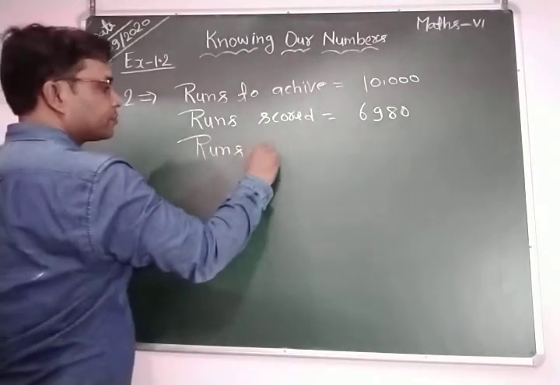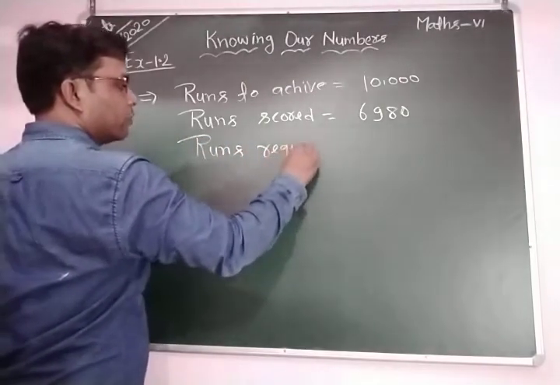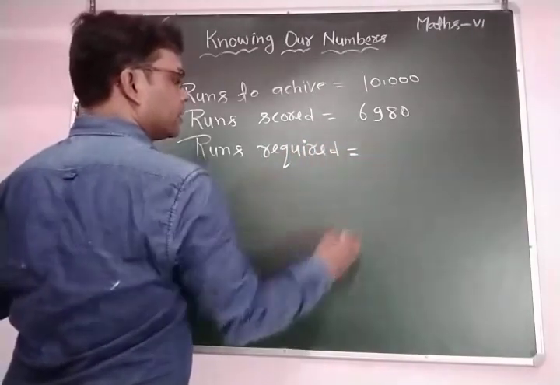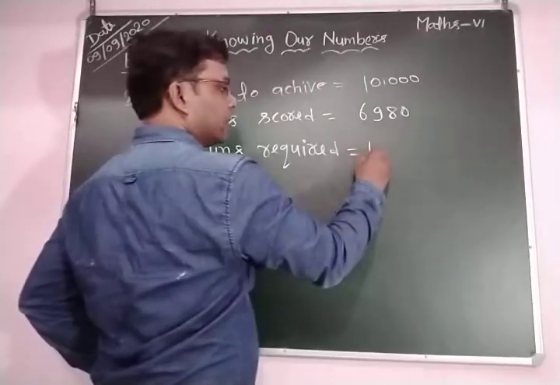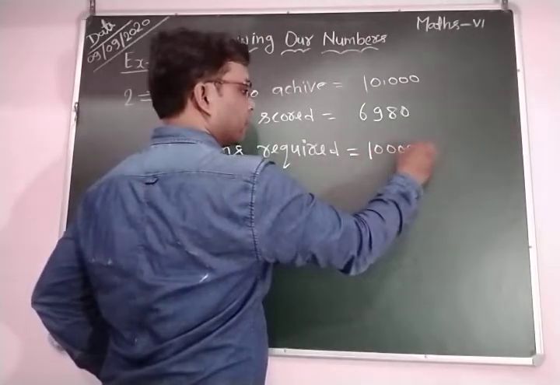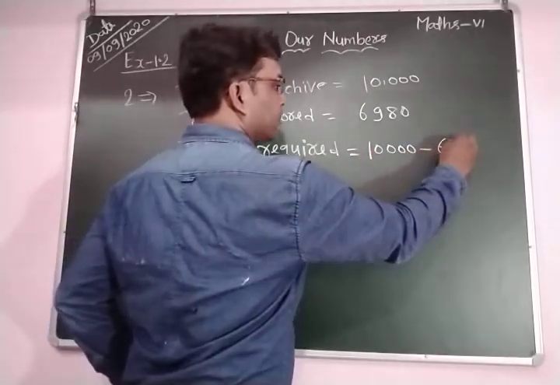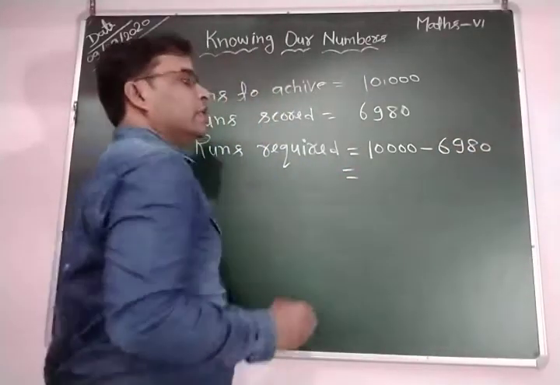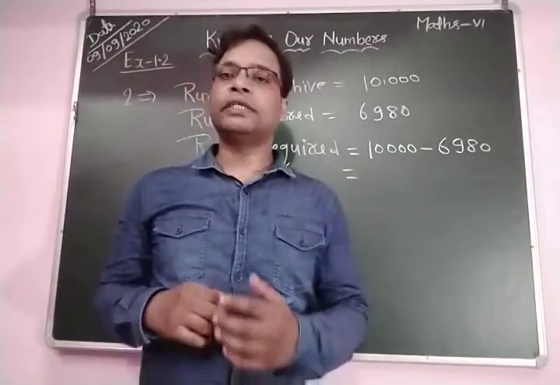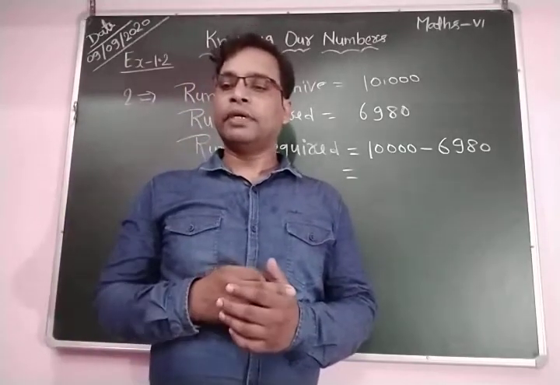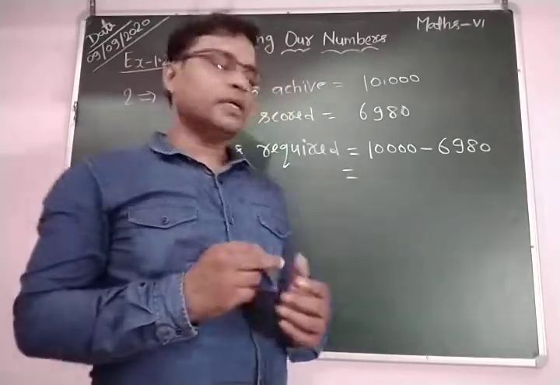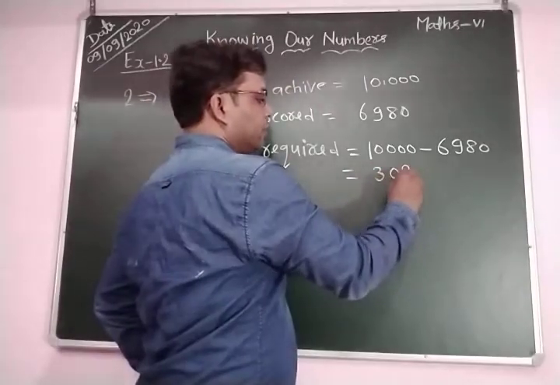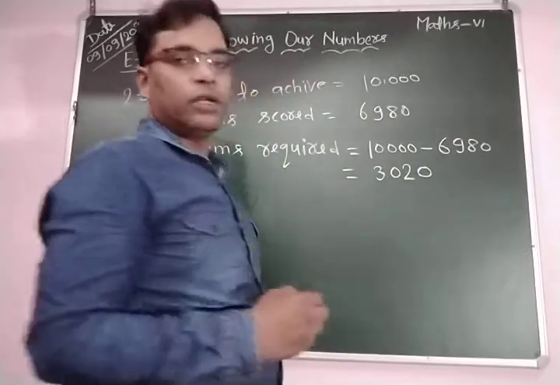Runs required to complete 10,000 runs is equal to 10,000 minus 6,980. If we subtract 6,980 from 10,000, then we obtain 3,020 runs.